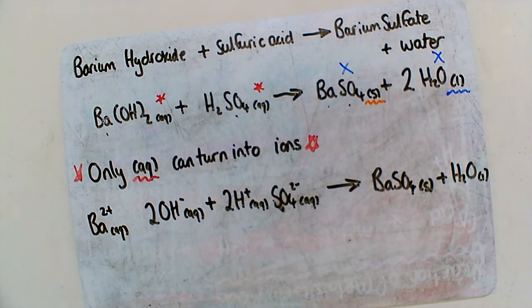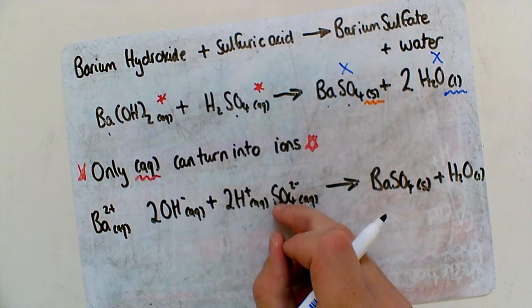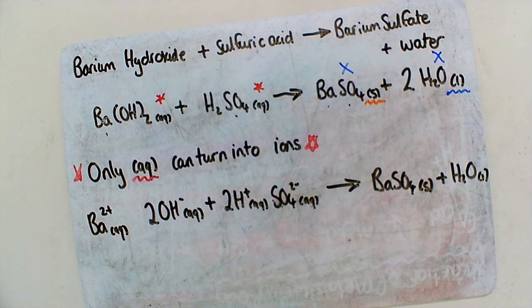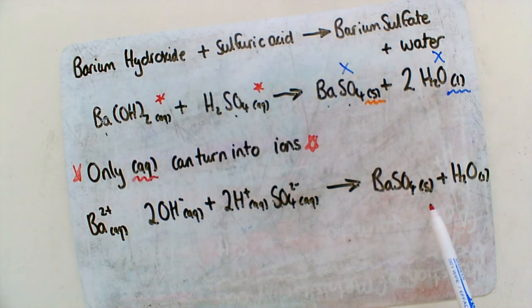Now what we'd normally do is we'd look at each side and we try and cancel out anything that's on both sides. But if you look here, we've got no ions on the right hand side at all. So nothing on this side is going to be on this side, because this is all ions, this is no ions.